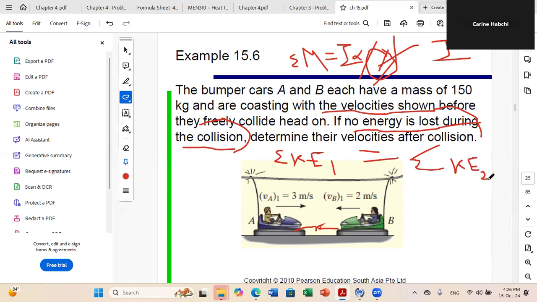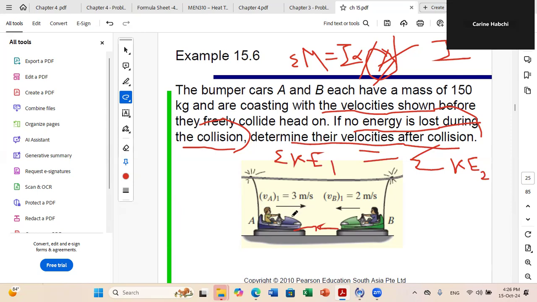Okay? And here, what are your unknowns? You want to solve for the final velocities after the accident. So after the accident, you will have separation of your cars. And here, we can prove that because we'll prove it in equations.